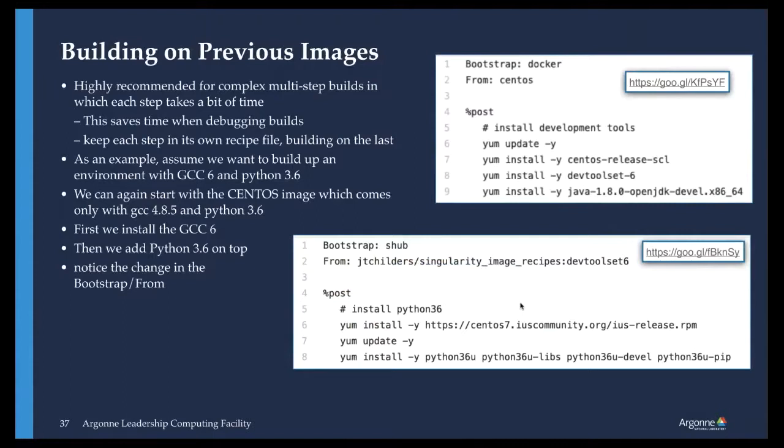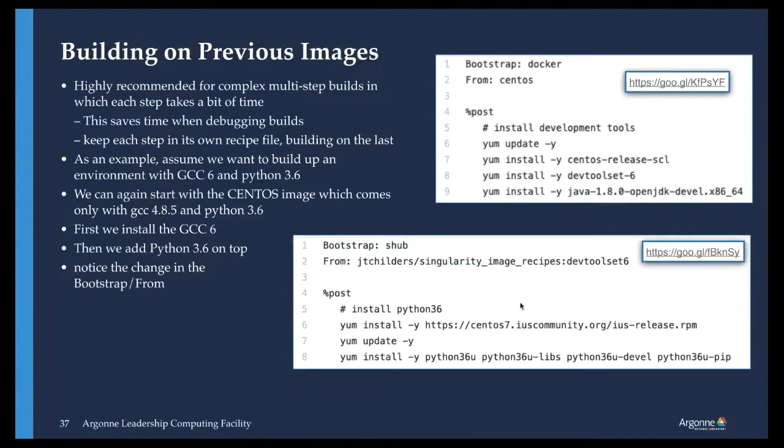So now let's move on to some more complex things. Let's say we want to bootstrap images based on previous ones, or let's say we're going to make something really complicated. Say you have a multi-step build process for your software that has different tools that you depend on.